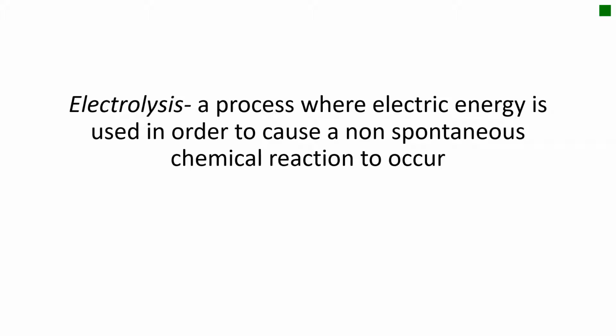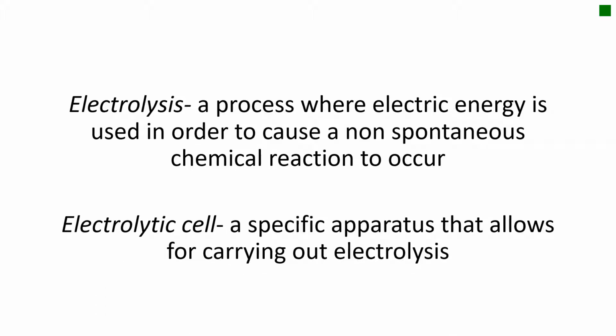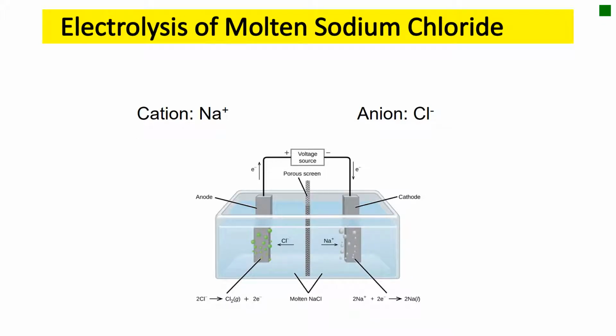There are special methods to carry out electrolysis, one being an electrolytic cell, a specific apparatus that allows for carrying out electrolysis. I will explain electrolysis with three different examples. For the first example, we will be using electrolysis of molten sodium chloride.